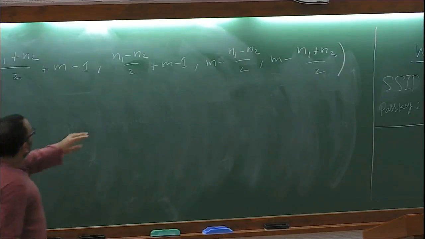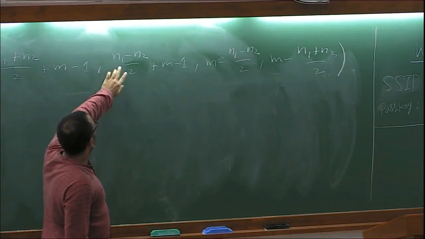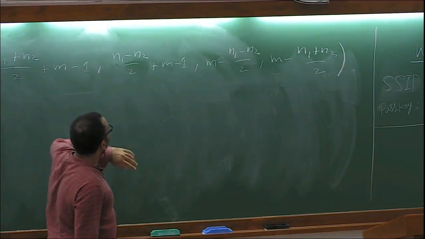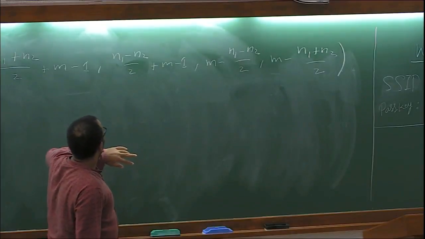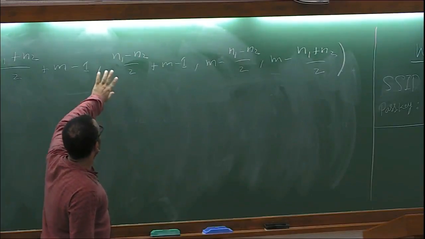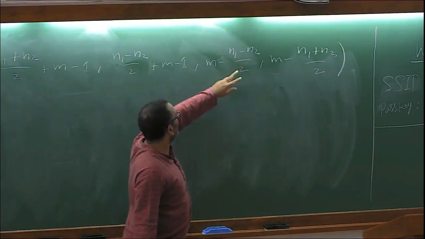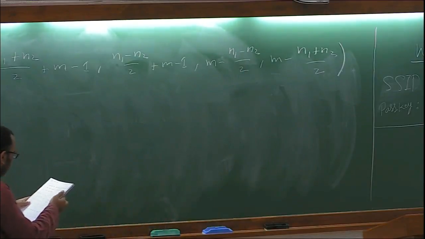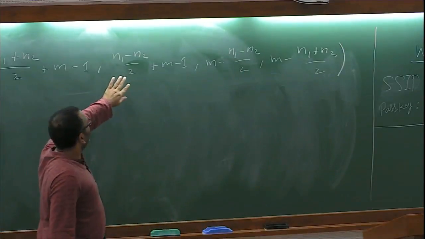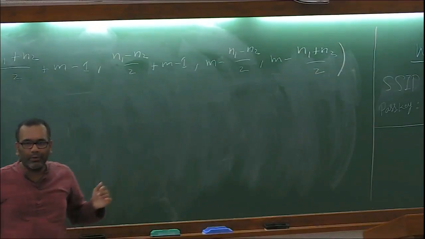One thing you have to notice here is that if N1 is equal to N2, then this is going to cause a problem because this would be 0. In that case, you can show this weight will not support cohomology.